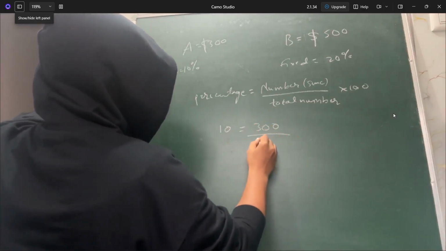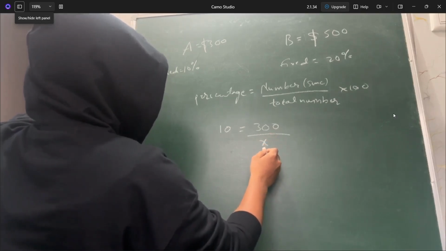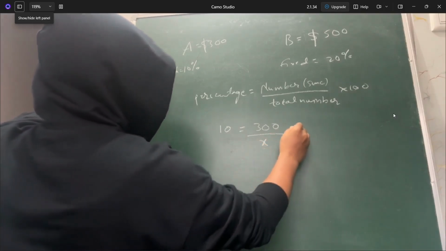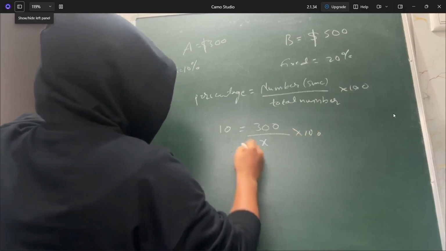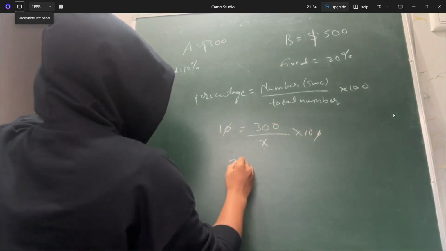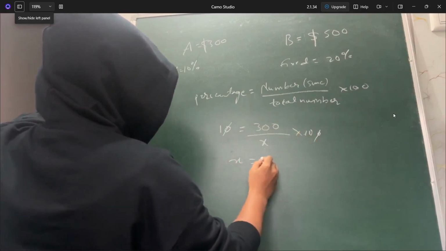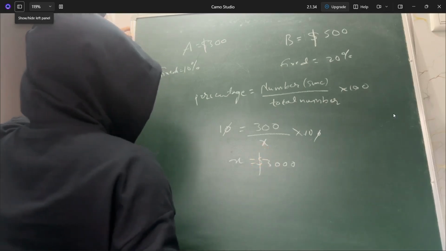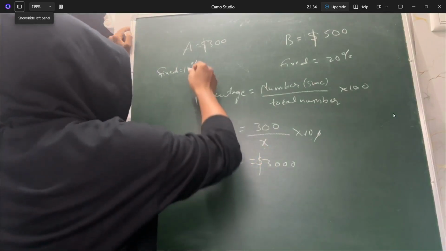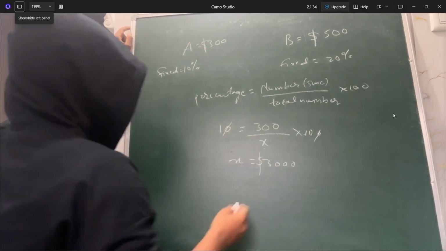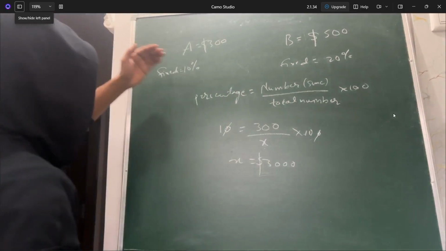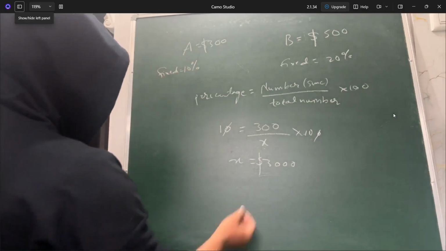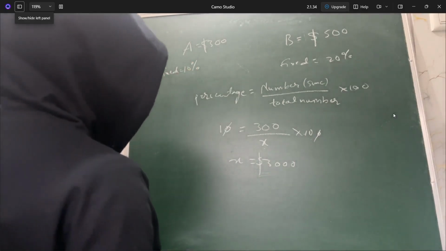So what is the total valuation of the company, which is X? We'll have to find it, into 100. So this 10 goes, X is basically 300 into 10, which is 3000. So the valuation of the company for the first investor is 3000. When investor A gives $300 for 10% of the company, the company's valuation will be $3000.